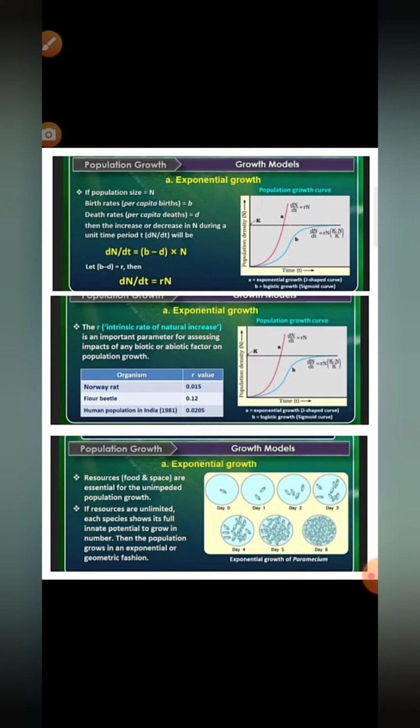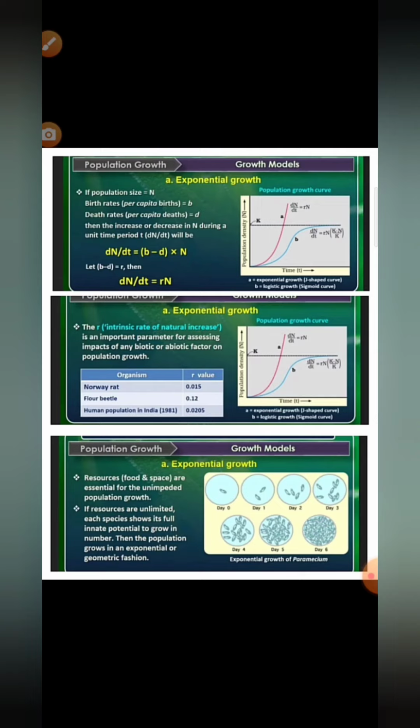Clear? So when you find out this exponential growth curve, you can see it given in this slide. The x-axis we take as t and the y-axis we take as the population density. So you have to draw the diagram to show the population growth curve. This is the exponential growth curve.